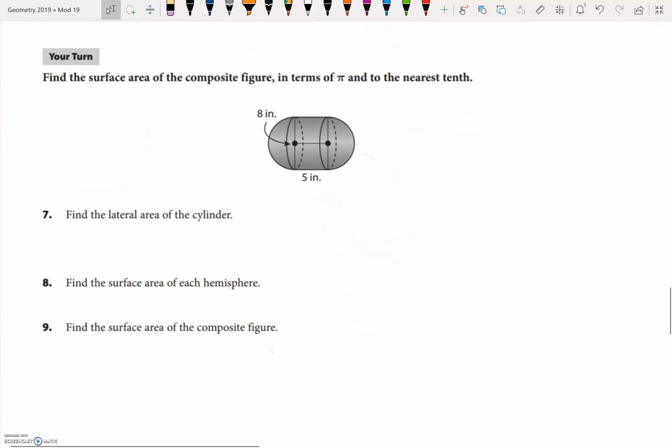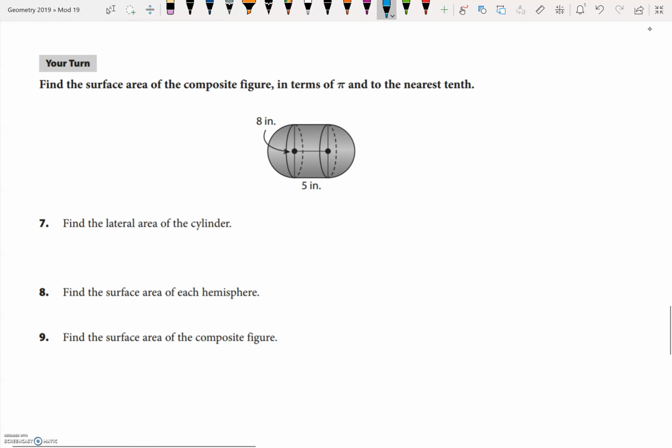All right, and our last example here, we could say this is a hemisphere, and then the lateral face, and then we have to get rid of the two bases because they're being shared. Or we could say this is one entire sphere plus the lateral face of a cylinder. So we'll say a sphere plus the lateral sides of a cylinder.